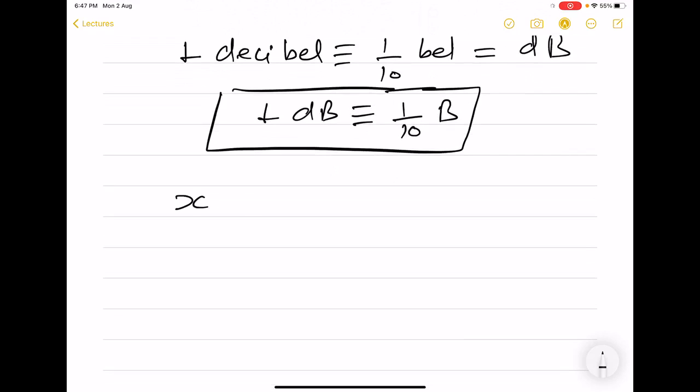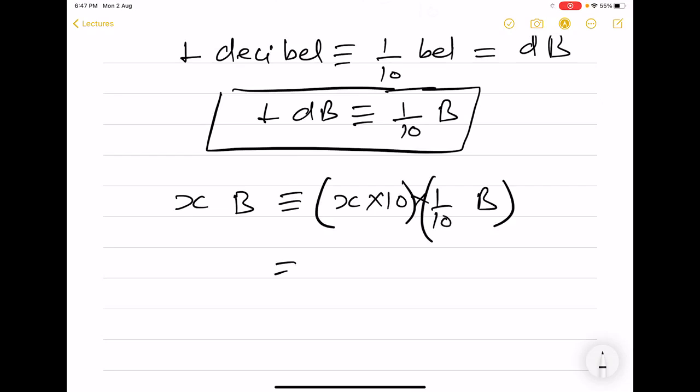For example, if x is in bell as x Bell, then we know that this can be written as 10 into 1/10 bell. Here, these two can be clubbed together and these two can be clubbed together. So what we will get is 10x, and from here we know that 1/10 of bell is dB.